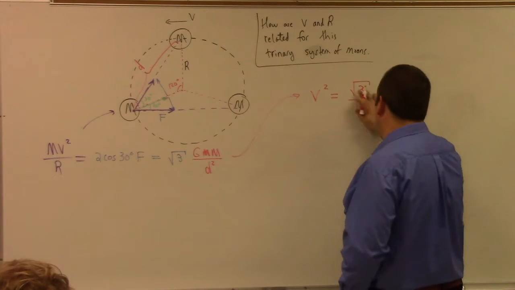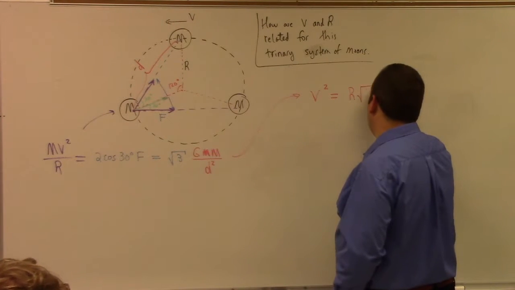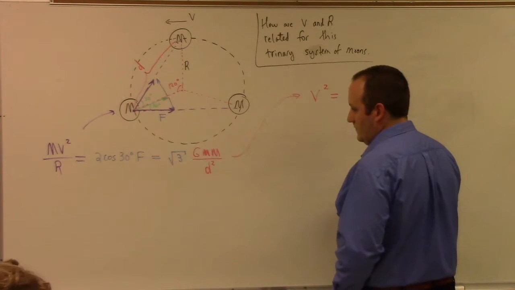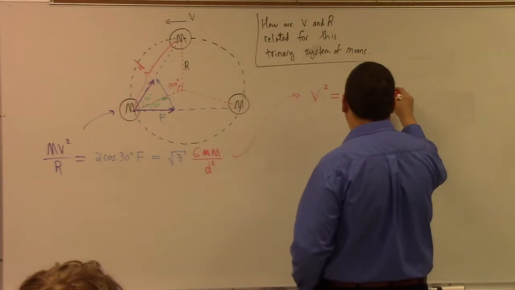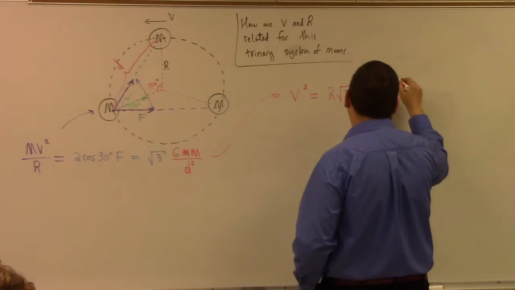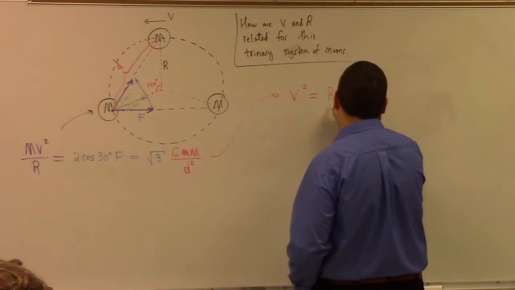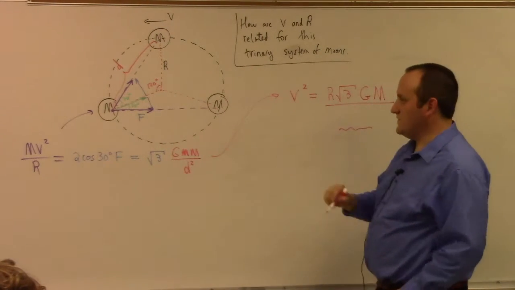Square root of 3, I guess, r square root of 3, and then this G, this M, and then whatever that 1 over d squared is. Fill in the blank. What is d squared?